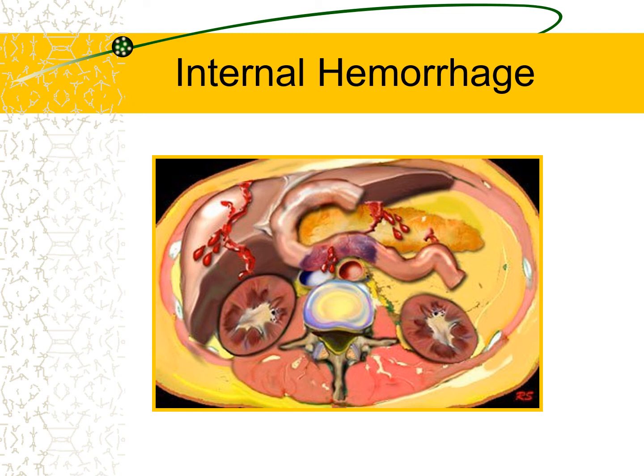Okay, so how are we going to know if somebody is bleeding internally? That's something that you have got to be able to recognize. And one of the main ways we can determine that is through our vital signs. You will be tested on this, and you must understand this. When somebody is bleeding, what are the changes that occur in their vital signs?